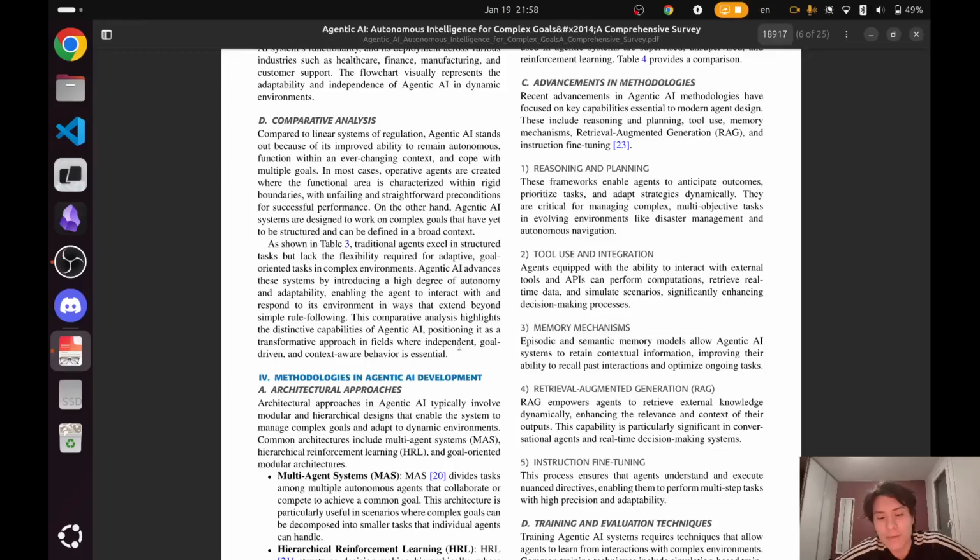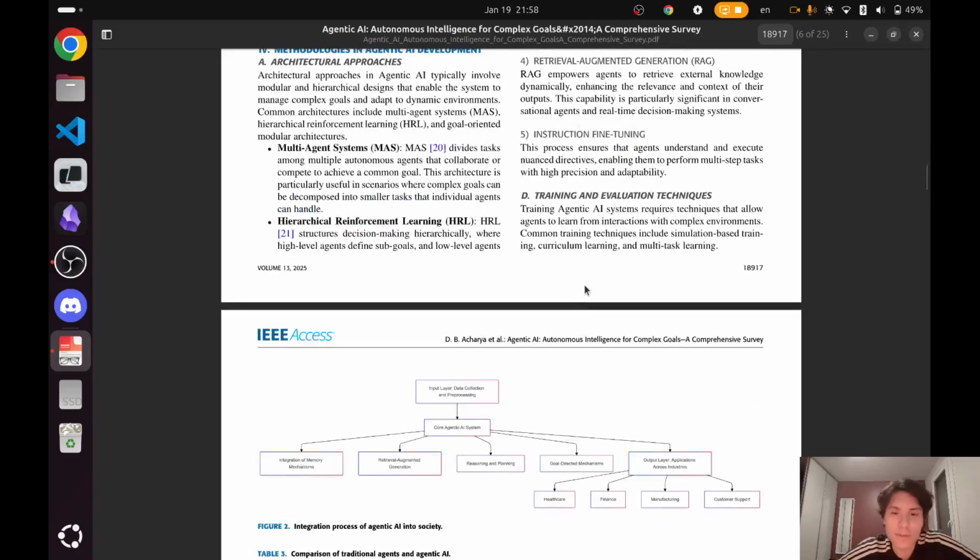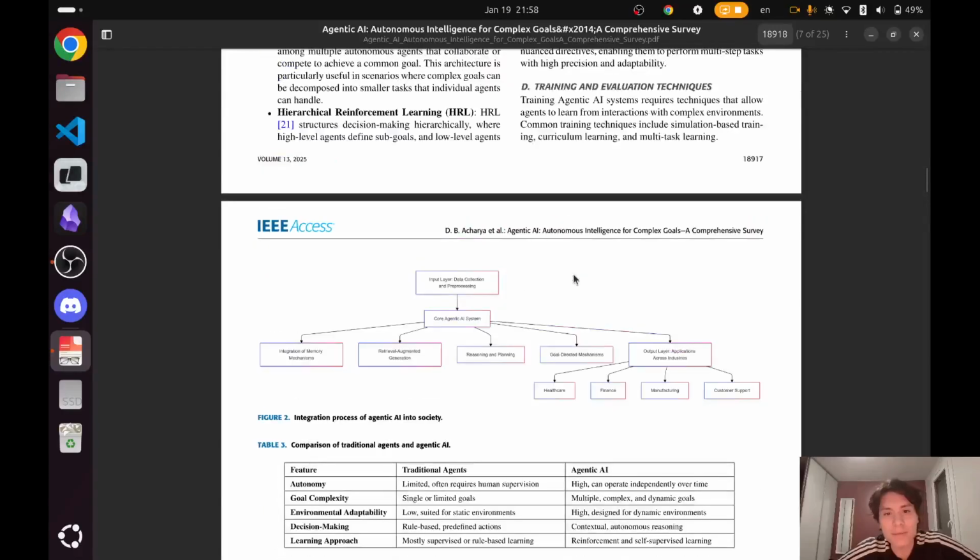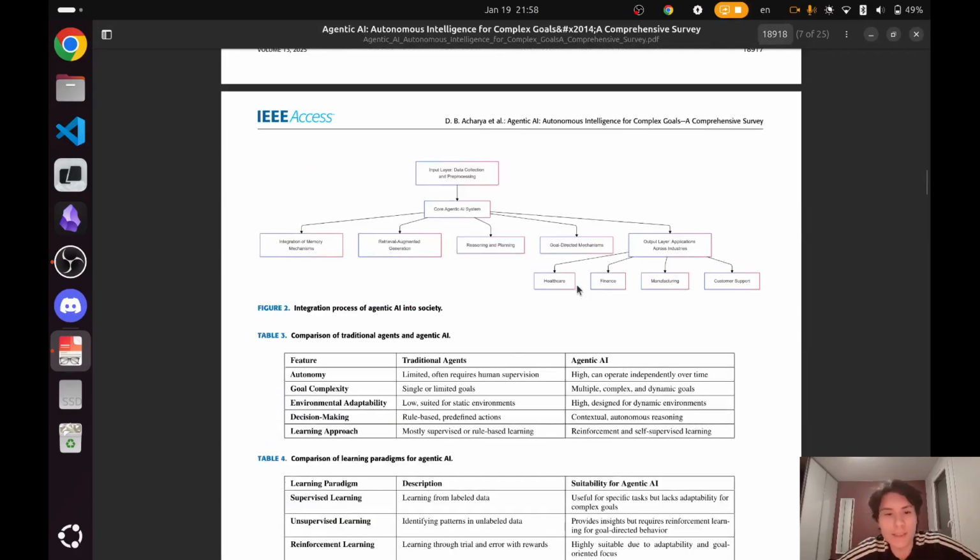So in agentic AI, you can look at how well it performs over reasoning and planning, or how well it does tool use and integration, or how the memory mechanism works, or retrieval augmented generation, which is how well I can retrieve information from another source and integrate it, or the instruction fine-tuning, and so on.